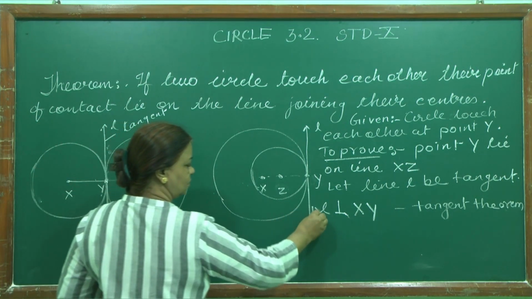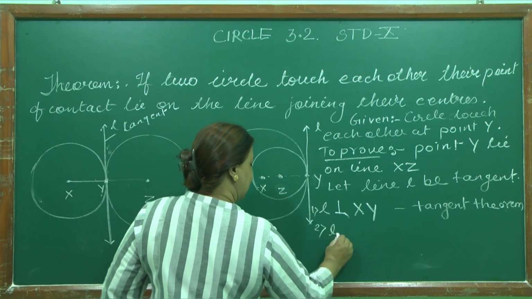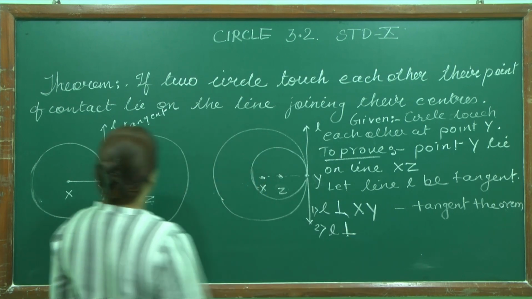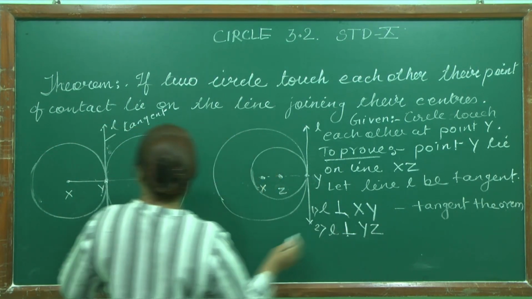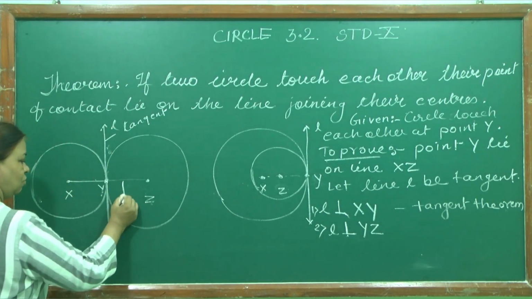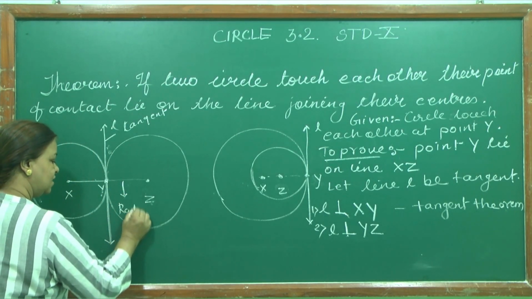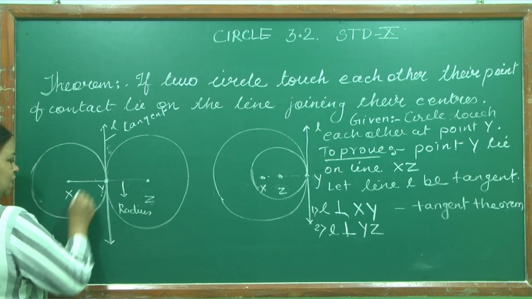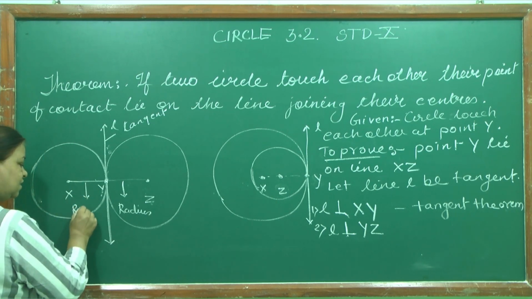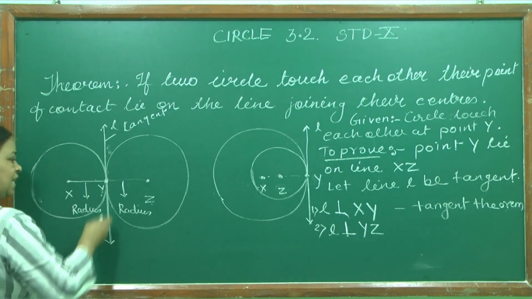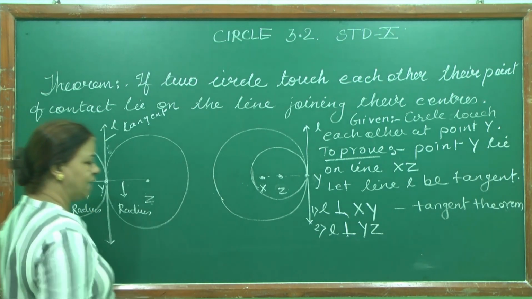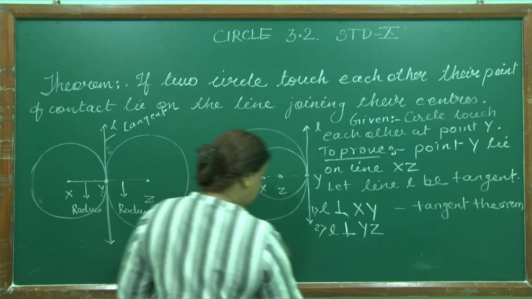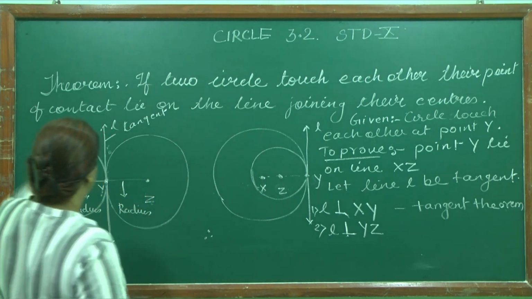Similarly, line L also will be perpendicular to YZ, because YZ is the radius. XY is the radius, so line L is going to be perpendicular to this. Line L is going to be perpendicular to YZ. Therefore, now pay attention.